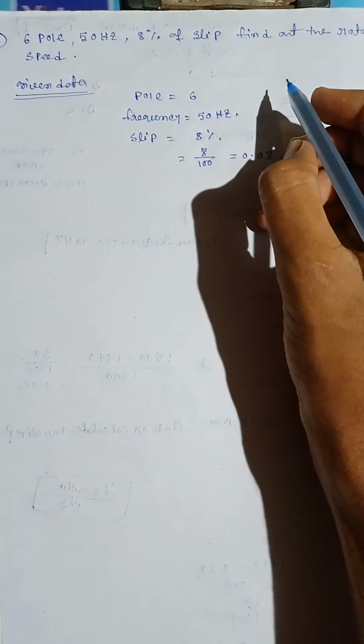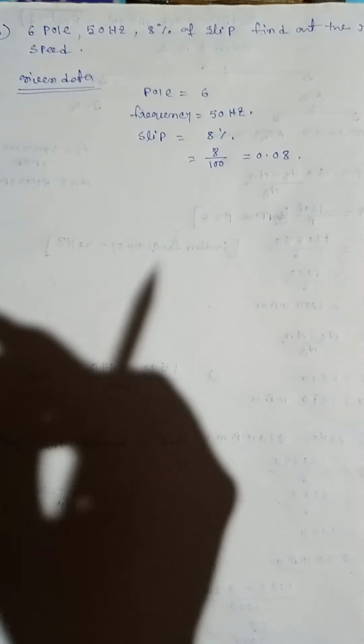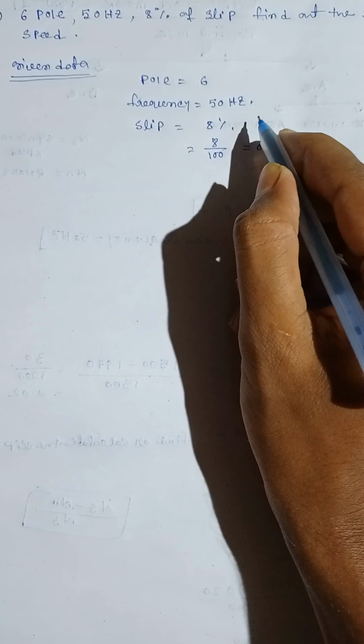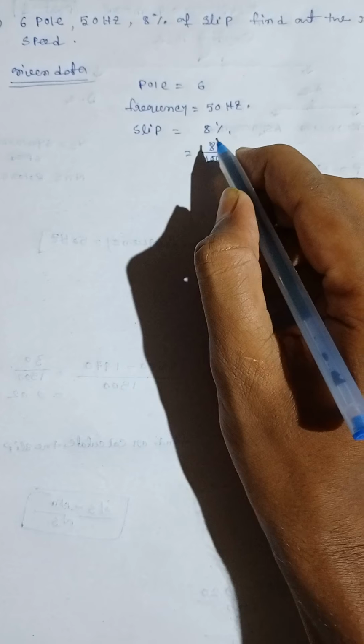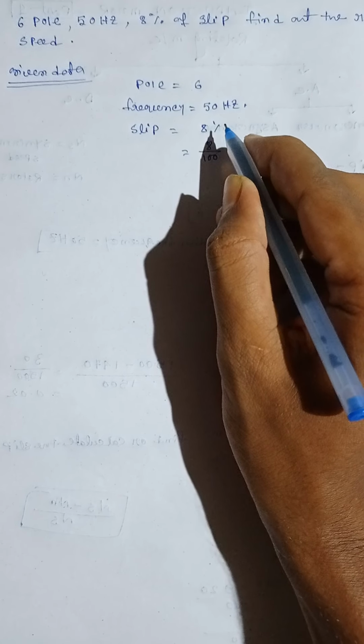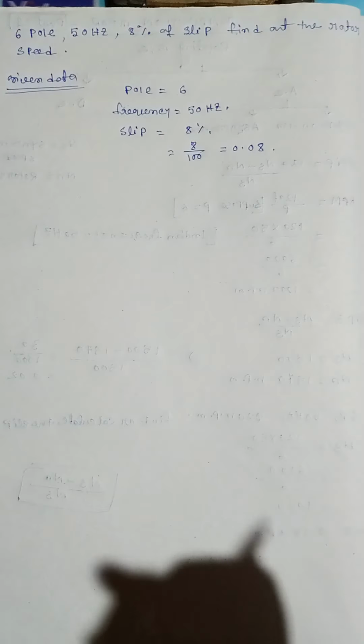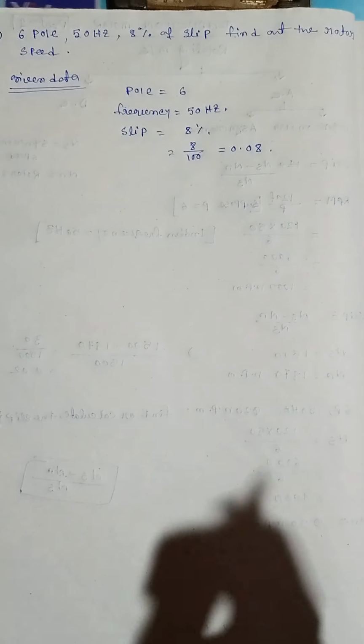Okay, given data, we will see: pole equals 6 and frequency equals 50 Hz, slip equals 8%. 8% means 8 divided by 100 equals 0.08. And now we find out the rotor speed.